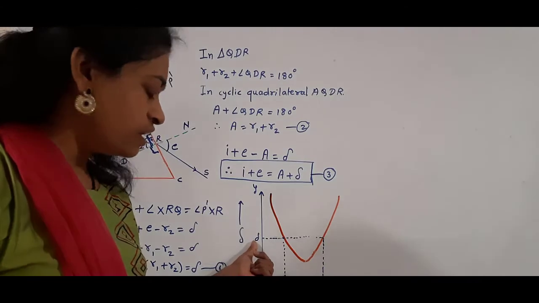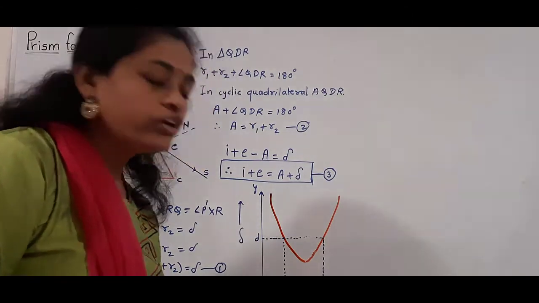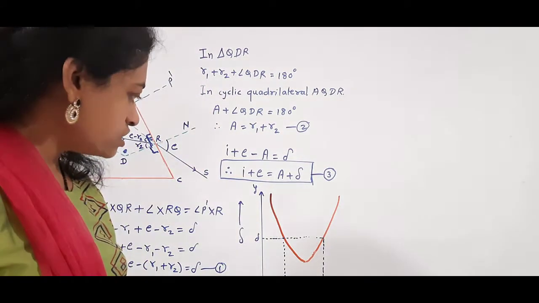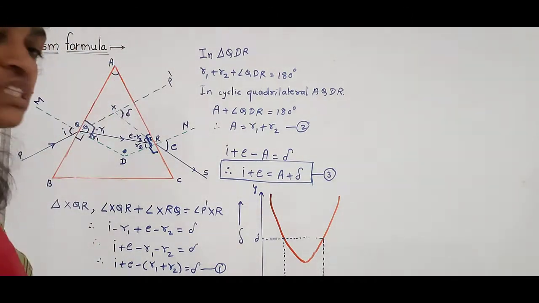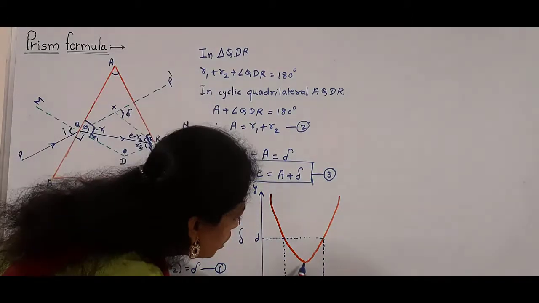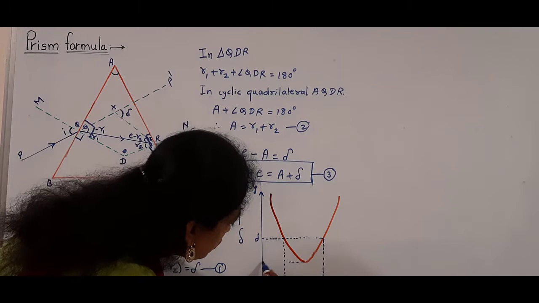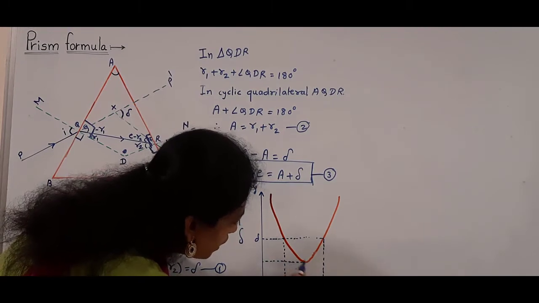For the same delta, we get two different values of angle of incidence, but there is one minimum value, that is delta m.